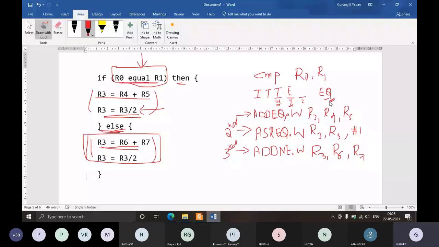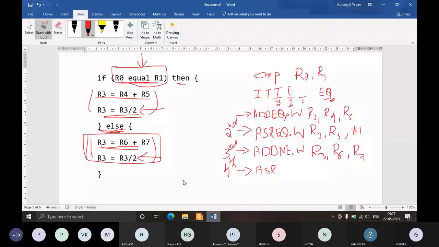Right. So now coming to the fourth statement. What is the fourth statement? Again, it is R3 equal to R3 by 2. So we'll implement that again using arithmetic right shift, ASR. Fine. And this should execute whenever the condition is not true, that is R0 is not equal to R1.